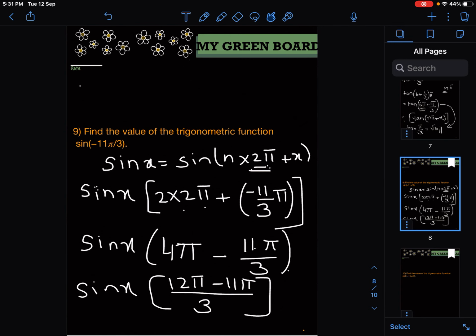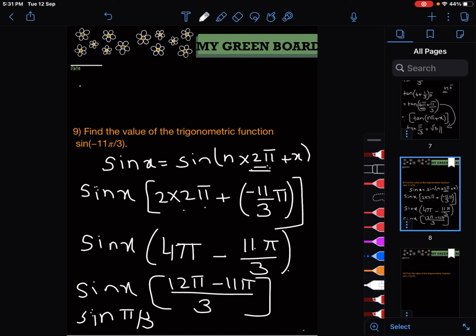So the answer would be sine of pi by 3. Agreed?